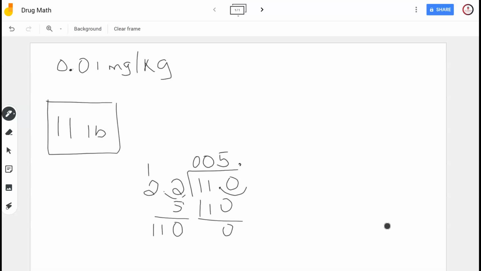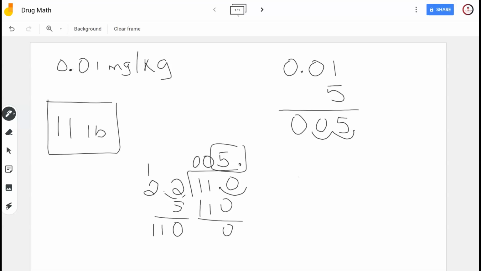So you have a 5 kilogram patient. So 0.01 times 5. You're going to move your decimal point over twice. 1, 2. So you're going to give your patient 0.05 milligrams of epi.